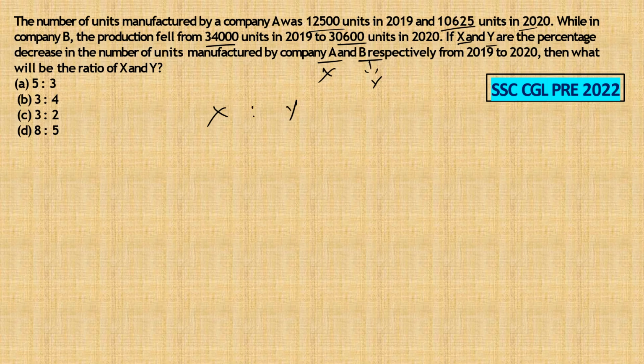How many units decreased from 2019 to 2020 in company A? 12,500 minus 10,625 gives 1875.